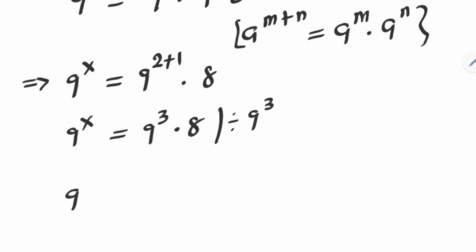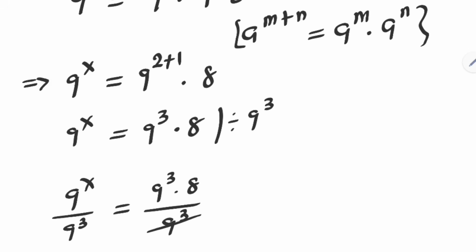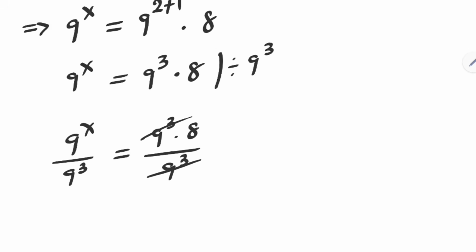So we have 9 raised to power x divided by 9 raised to power 3 is equal to 9 raised to power 3 multiplied by 8 divided by 9 raised to power 3. This 9 raised to power 3 cancels this 9 raised to power 3. So 9 raised to power x divided by 9 raised to power 3 is equal to 8.